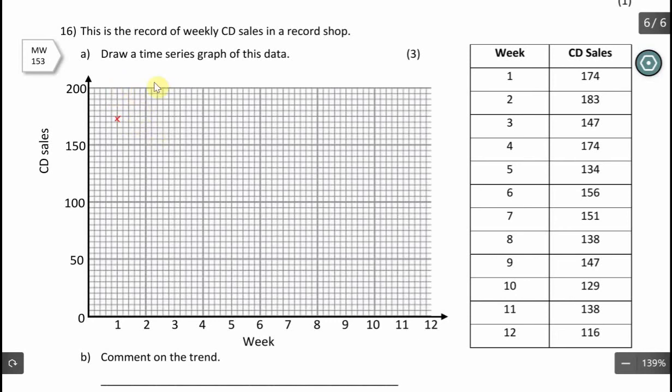Week 2, 183 were sold. So every 2 little squares is 10, another 10. So 160, 170, 180. It's going to be about there. Week 3, 147.